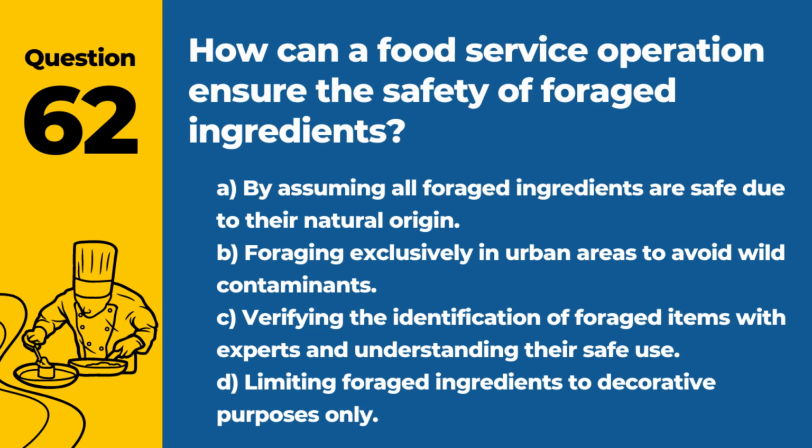D. Limiting foraged ingredients to decorative purposes only. Answer. C. Verifying the identification of foraged items with experts and understanding their safe use. Ensuring the safety of foraged ingredients involves expert identification and knowledge of their proper use and potential risks.